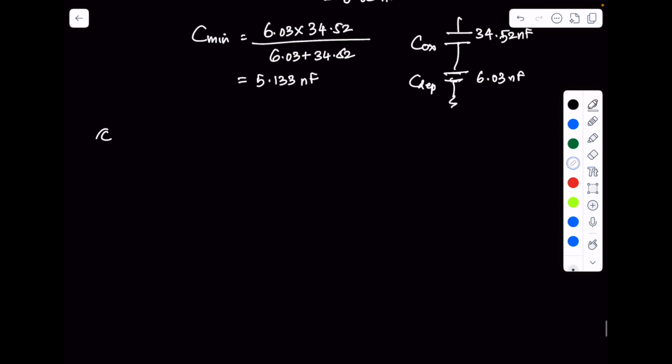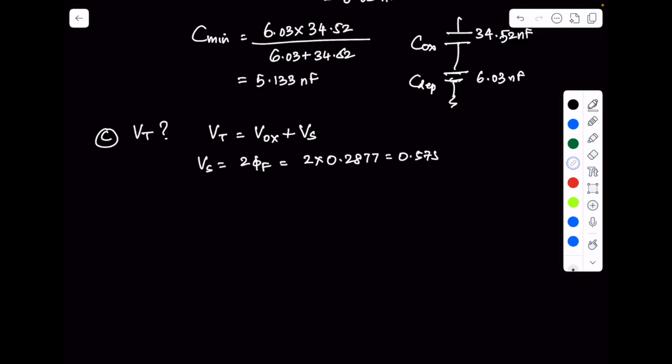Part C of the question asks what Vt of the device is, and Vt is nothing but Vox plus Vs. Right? Vs in our case is the total drop in the depletion, maximum depletion width, which is 2 phi f, which in our case is going to be 2 into 0.2877, which is 0.5754, right?